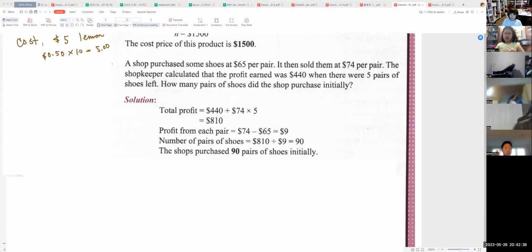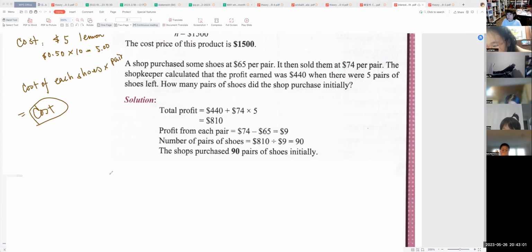Okay, so that's the same thing when the shopkeeper is selling shoes. So we need to know the cost of each shoes and times how many pair of shoes are initially being purchased. That equals the cost.